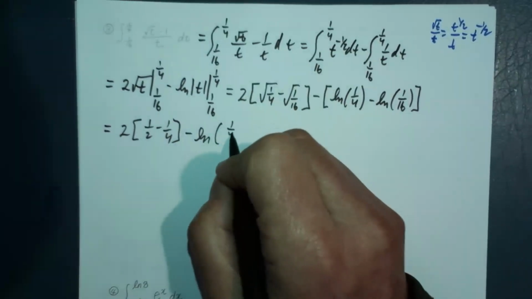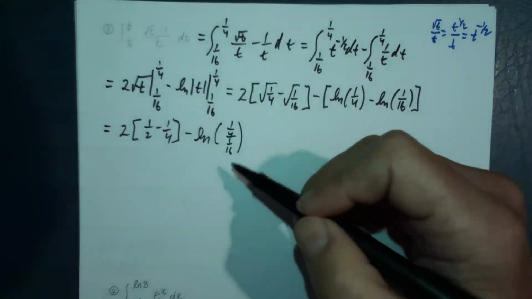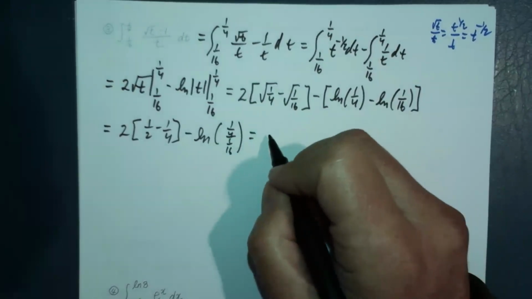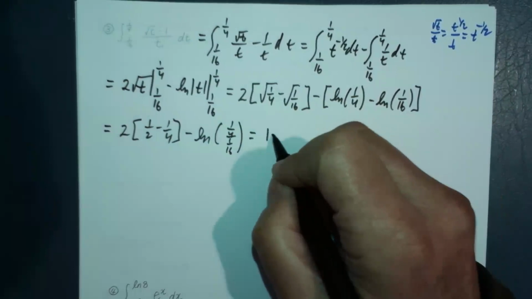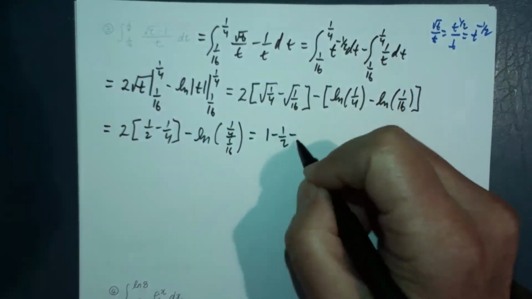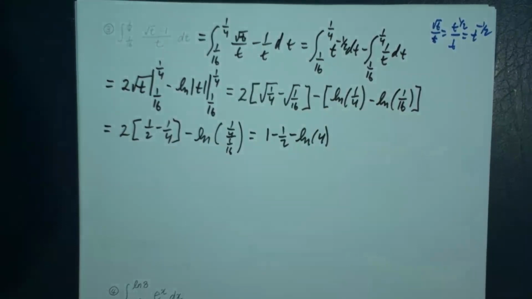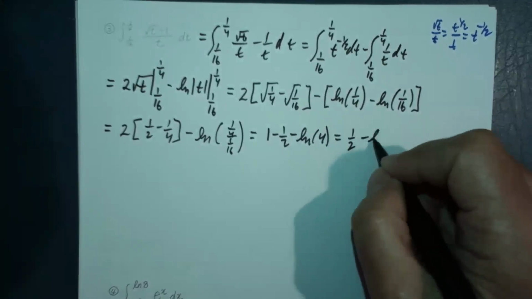So 1/4 over 1/16, that whole thing becomes 16 over 4, which is just 4. So this becomes, I'll distribute the 2 in, keep it simple. So this is going to be 1 minus 1/2 minus ln of 4. And that's going to give us 1/2 minus ln of 4.